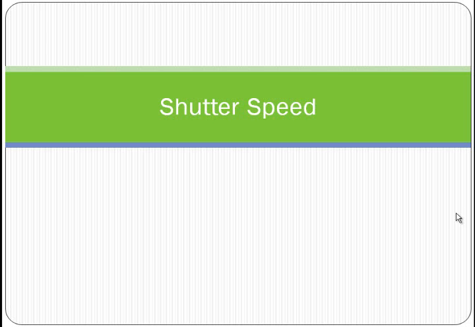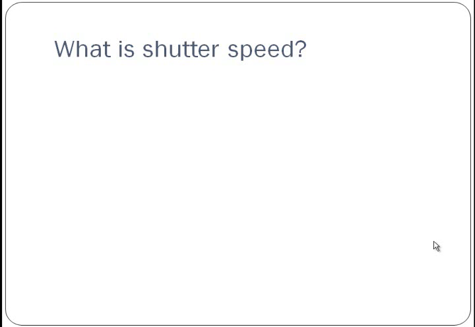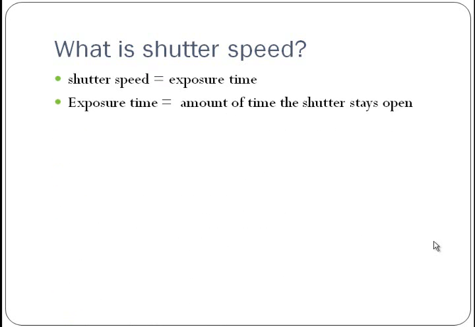So to begin, what is shutter speed? Shutter speed equals exposure time. I try to put this in the easiest few words to help you understand. So if shutter speed is exposure time, it is the amount of time the shutter stays open.